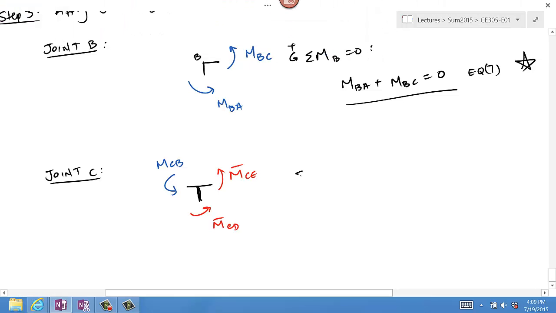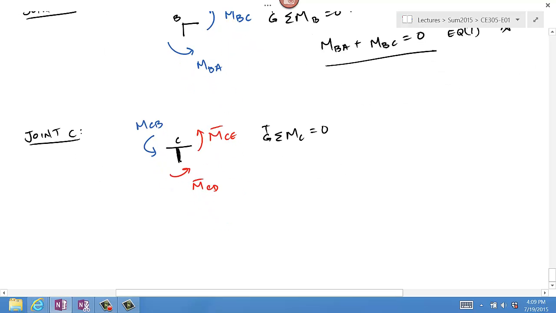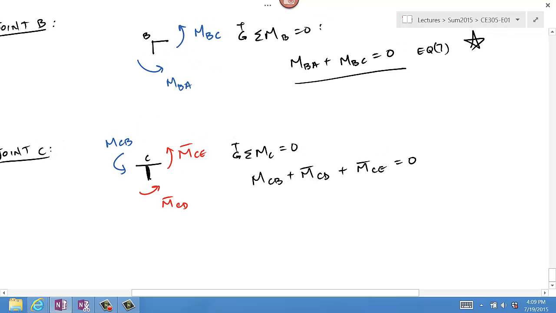You take sum of moments about joint C, set them equal to 0, and you get MCB plus M bar CD plus M bar CE equals 0. This is equation 8. It's another star equation.